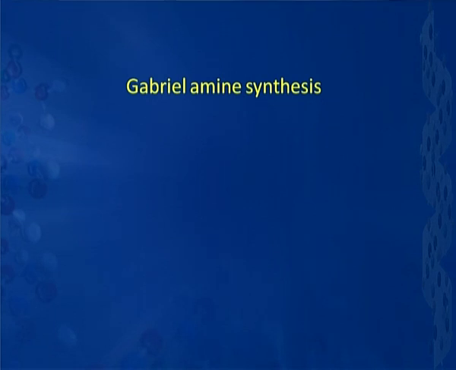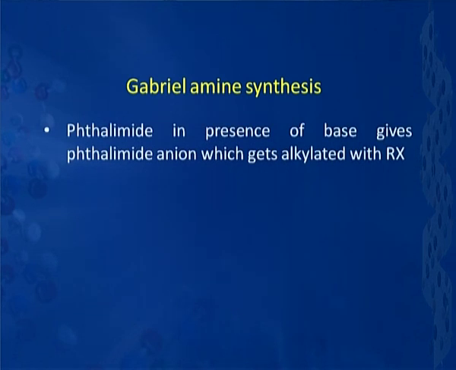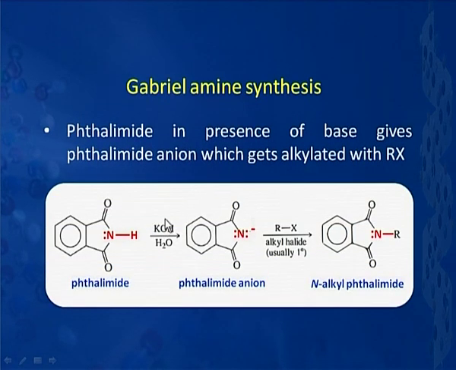But before we move further, it will be worthwhile to recall what these two methods are. Let us recall the Gabriel method of amine synthesis. In this method, we take phthalimide. Phthalimide in presence of a base like KOH gives me a phthalimide anion, and this anion can be treated with an alkyl halide, and what you get is an N-alkyl product, that is N-alkyl phthalimide.